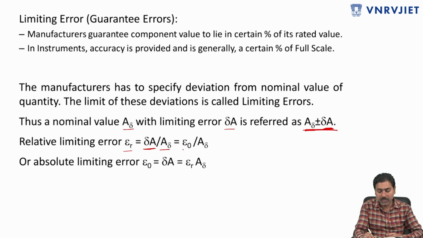That is also equal to the absolute limiting error epsilon naught divided by A delta, where the absolute limiting error is defined as epsilon naught is equal to delta A, which will be provided in the data sheet by the manufacturer. So if you want to calculate the absolute error, we can calculate it from the relative limiting error and the nominal value of the measured value.